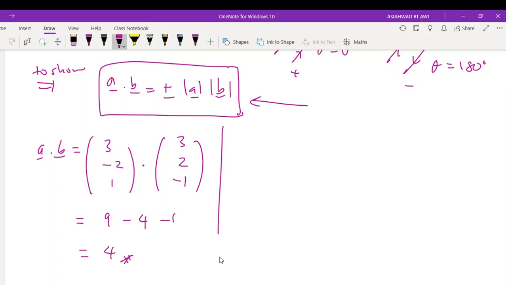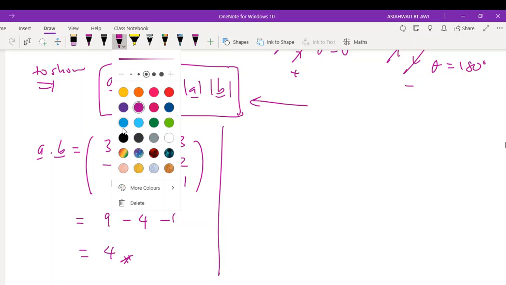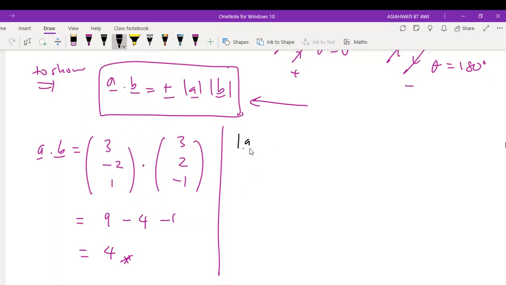Then find modulus vector A: 3 squared plus -2 squared plus 1 squared. This one is equal to 14.